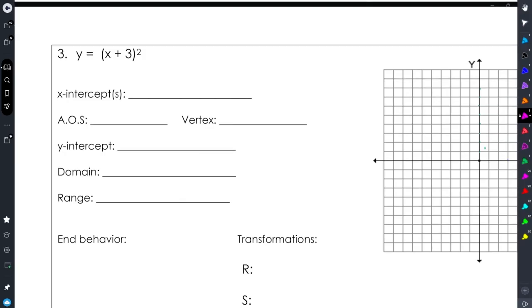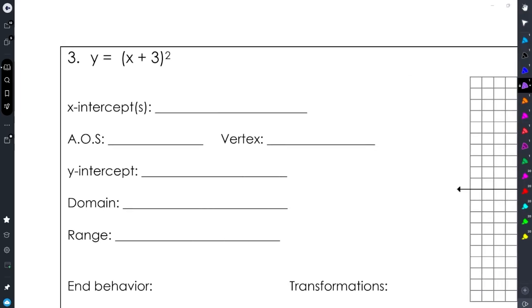All right, so example 3, you could think of it as this, y equals x plus 3 times x plus 3, and then you have two x-intercepts at negative 3 comma 0. But you could also think of it as vertex form, where your k value is 0.